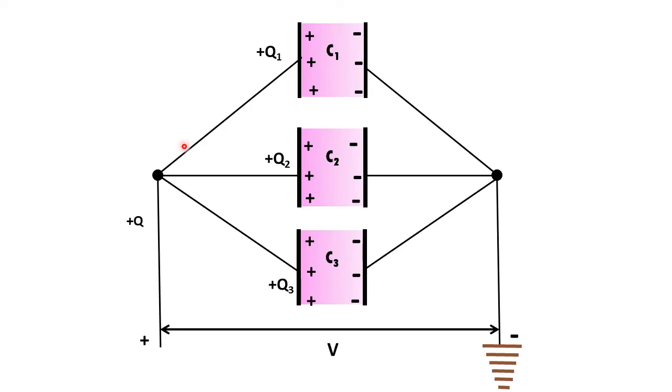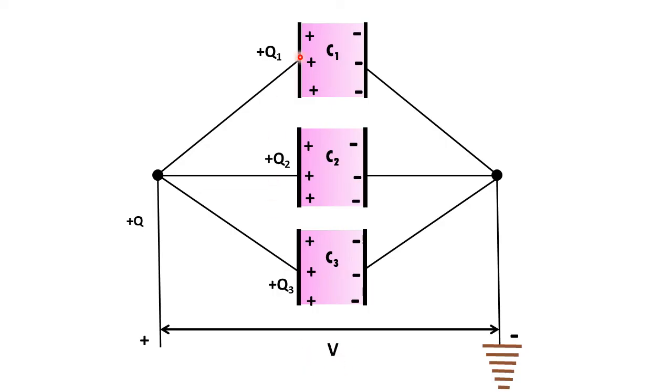First plate is connected to positive terminal of the battery, and second plate of each capacitor is connected to negative terminal of the battery. As a result, the potential difference across the plates of each capacitor will be same, and that will be equivalent to terminal potential difference V.